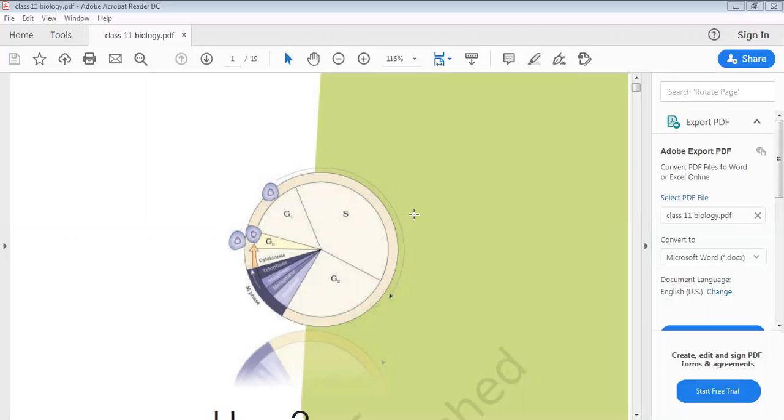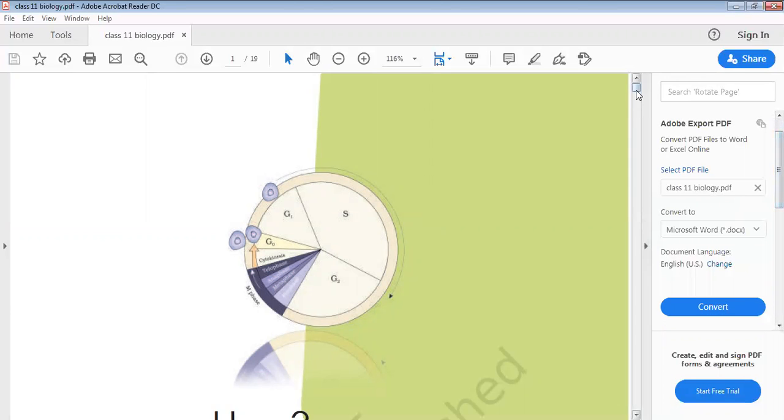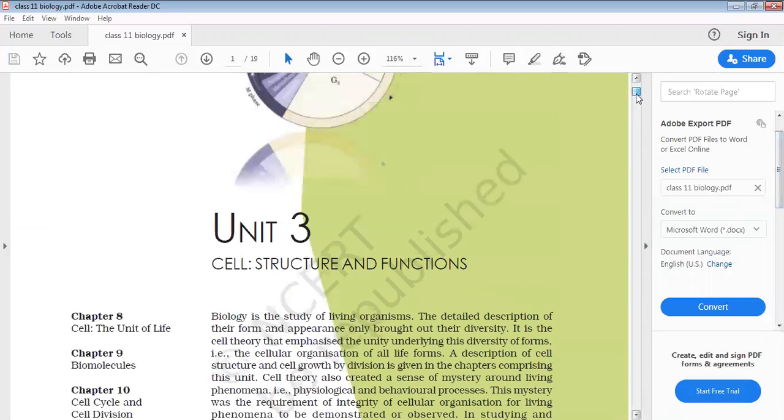In that, the first chapter is chapter number 8 according to your book, Cell, the unit of life. We are all aware of cell. It is the simplest chapter. So we will start with our new book of biology with this chapter.